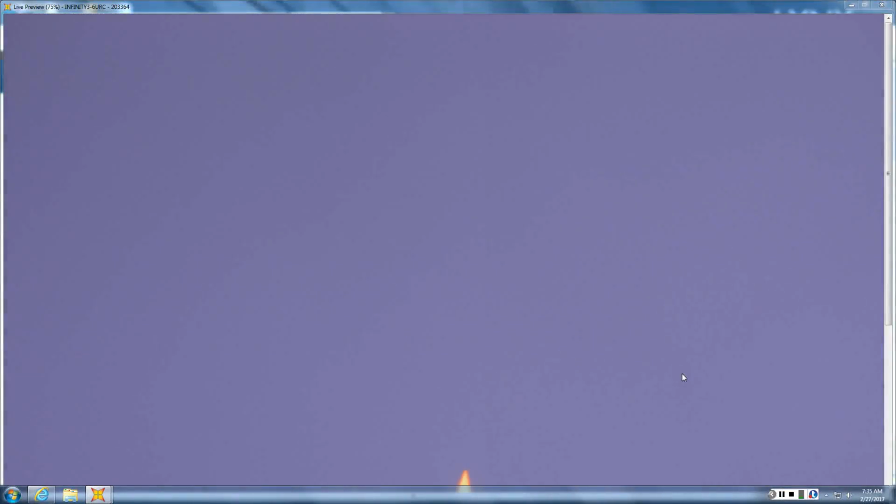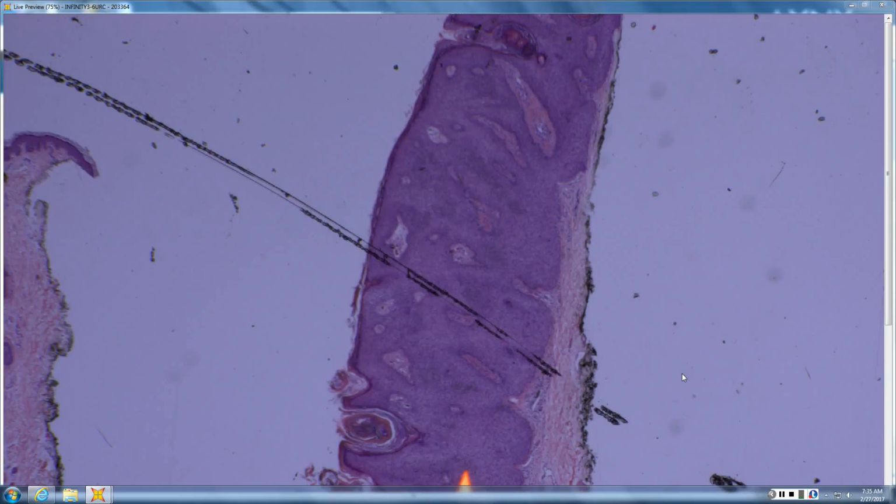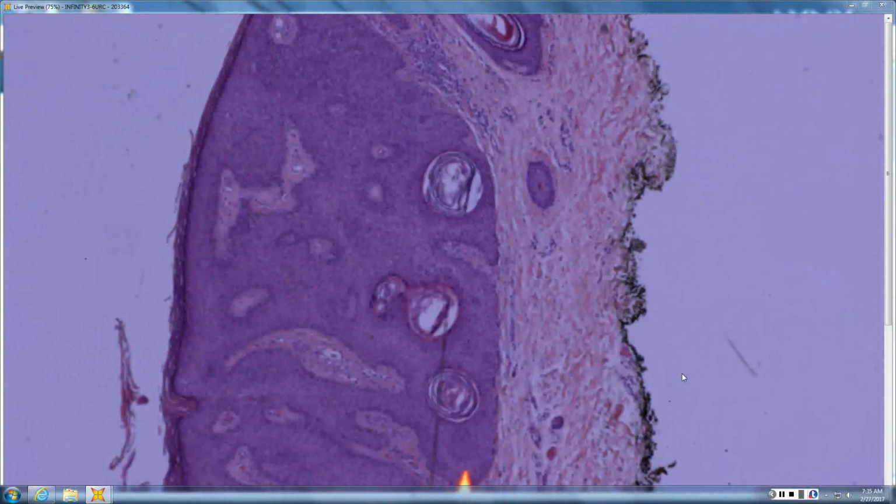Let's get something that's a little different. So you have some acanthosis and squamous, maybe a little atypia since we're in the viral chapter.